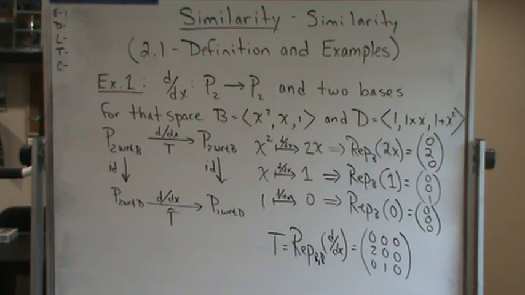Okay, so next, computing the matrix for the right-hand side involves finding the effect of the identity map on the elements of the basis B. Now, of course, the identity map does not transform them at all.